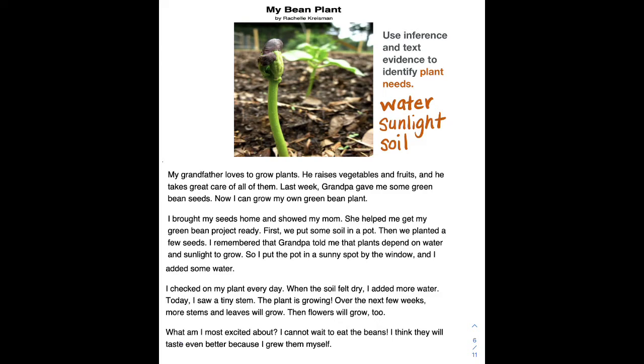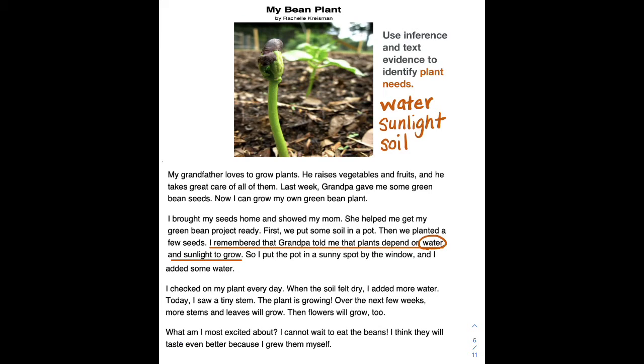Where does it talk about water and sunlight? Do you see it? Can you find it in the text? Oh, yeah. I remembered that Grandpa told me that plants depend on water and sunlight to grow.